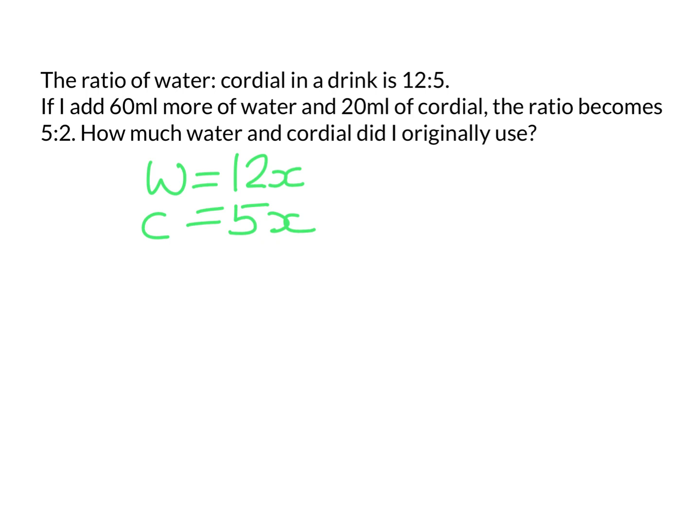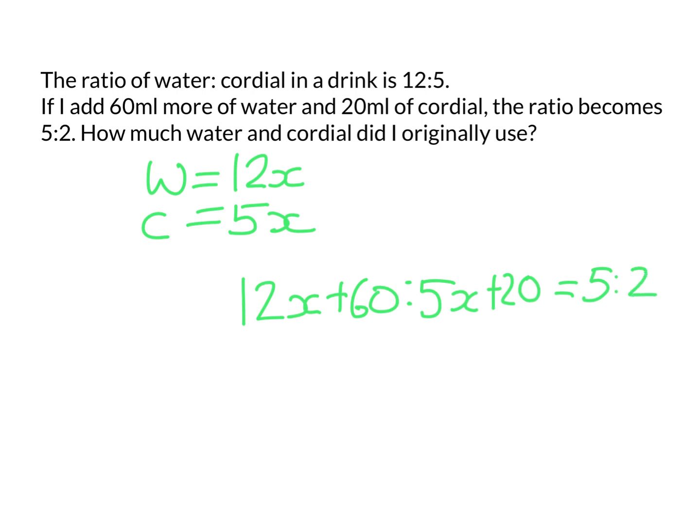So what this is saying is if we take the amount of water and add 60 mils, then take the amount of cordial and add 20 mils, that is equivalent to the ratio 5 to 2. So what do we know about equivalent ratios? Well, these two will be equivalent if I've multiplied this by the same number as I've multiplied this. That's actually a bit complicated. Is there an easier way to think about it?